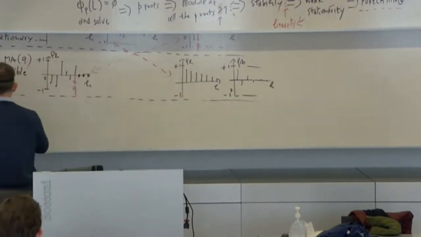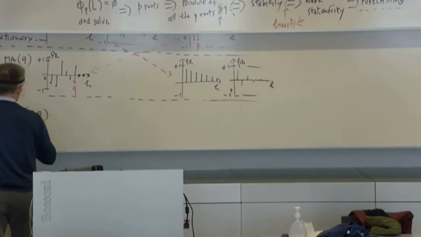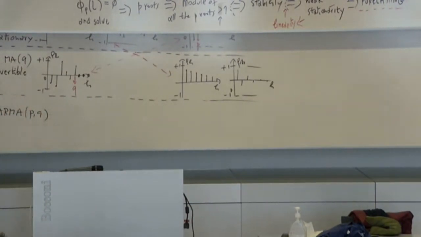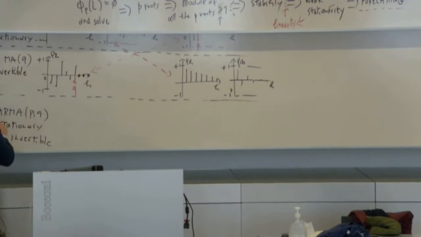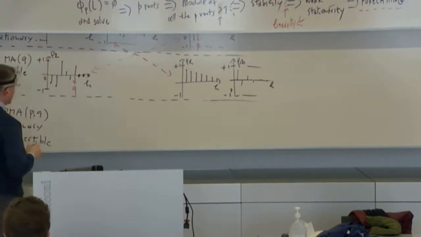So this one is ARMA(p,q). And in this case, it's worthwhile to say that it's both stationary and invertible. It's not a waste of time to say weakly stationary, almost. Okay, so weakly stationary, fine.